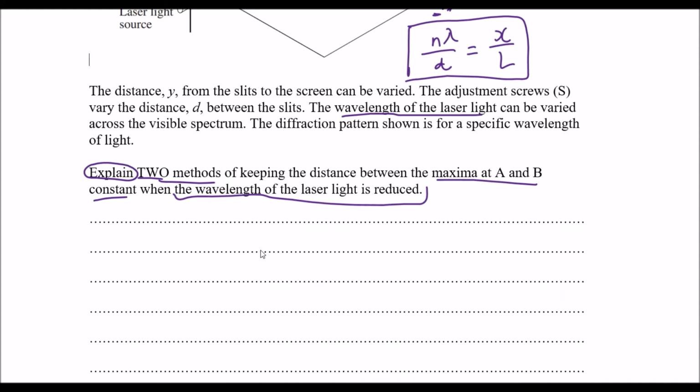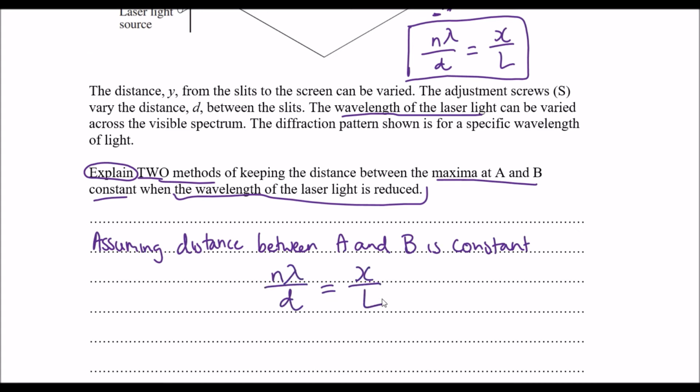If we look at the distance, x is the thing we're trying to find. So, assuming the distance between maxima A and B is constant, that's the following equation that we have here.